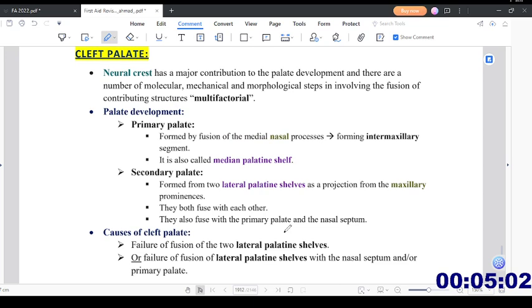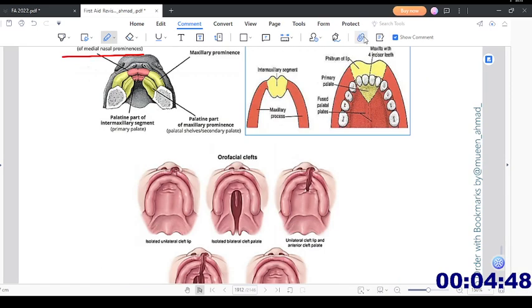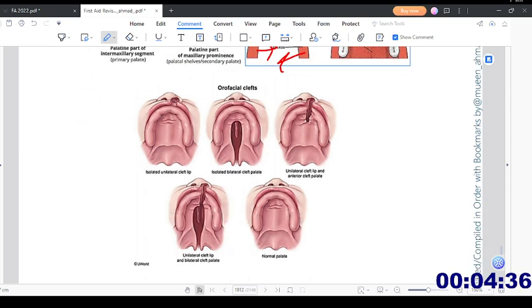The secondary palate is formed from the two lateral palatine shelves as a projection of the maxillary prominences. They both fuse with each other, and they also fuse with the primary palate and the nasal septum. So this means that the maxillary processes will fuse with each other, and they will also fuse with the primary palate, the intermaxillary segment. So the whole picture of the palate is complete.